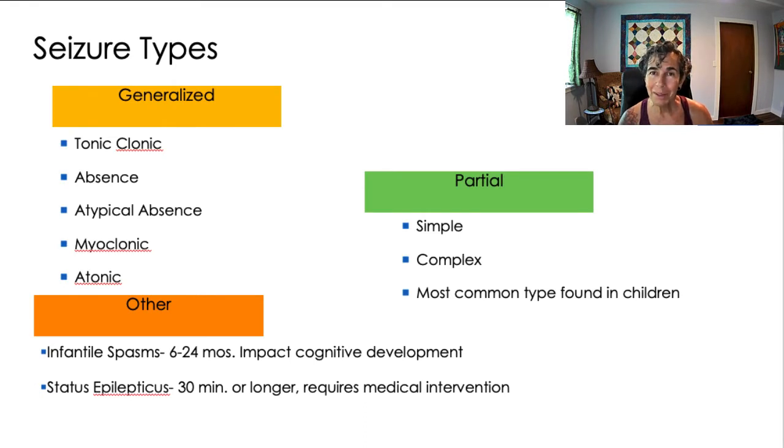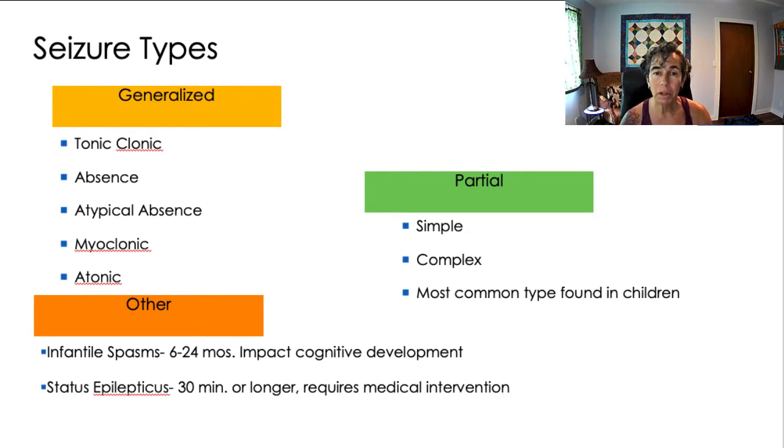When we think about different types of seizures, falling into the general category are tonic-clonic, so that's the seizure with a lot of convulsions happening. There also may be absence seizures where the individual seems to disappear. There could be some movement, but it's mostly this lack of attention and consciousness.